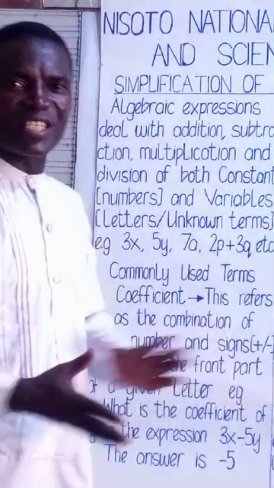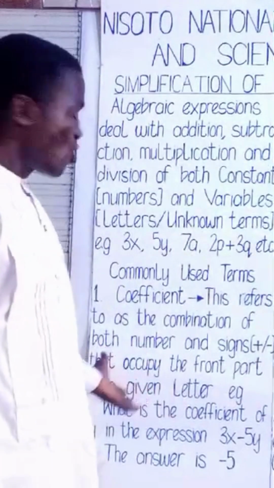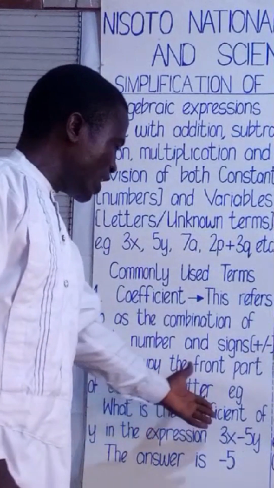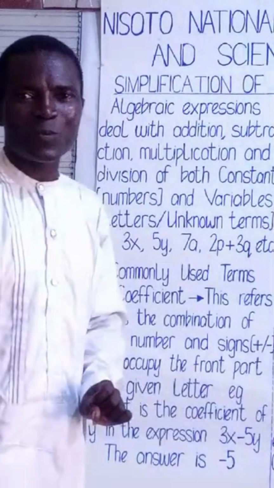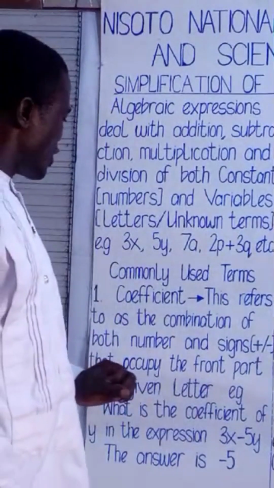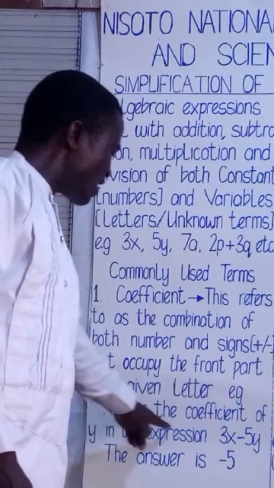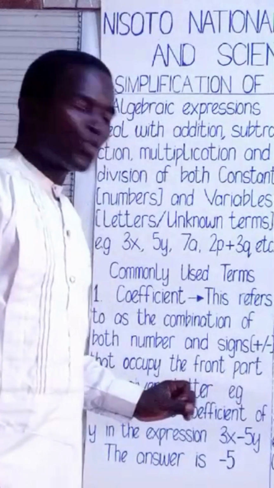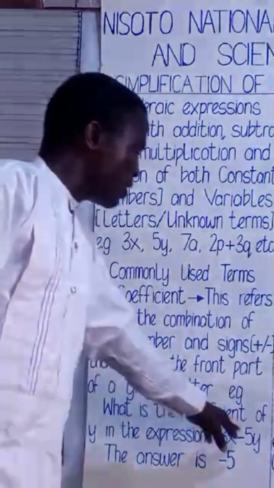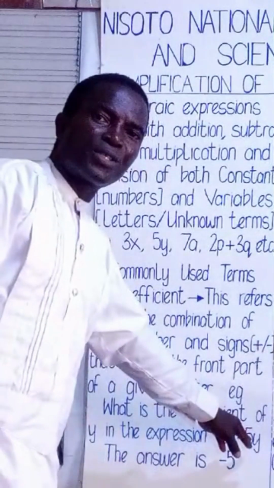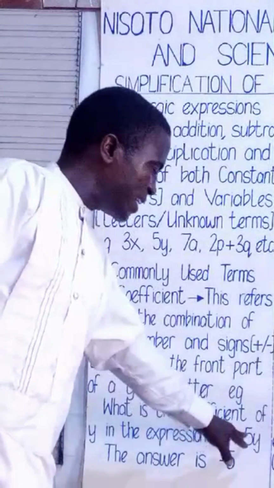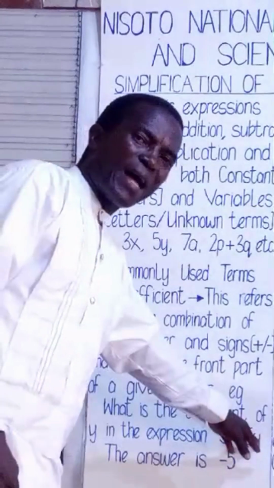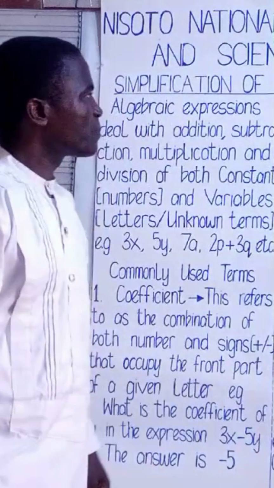Take for instance, you are asked, what is the coefficient of y in the expression 3x minus 5y? The correct answer is going to be minus 5, because the number and sign that occupy the front part of letter y is minus 5.